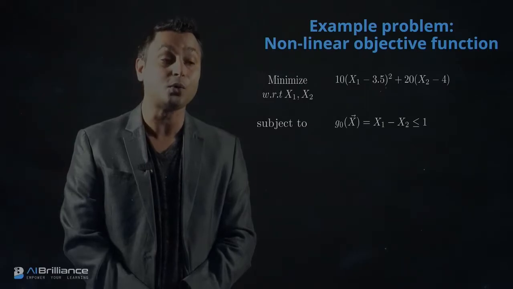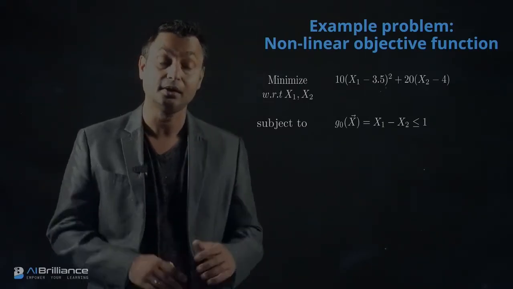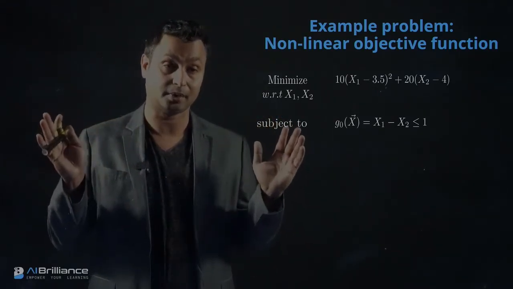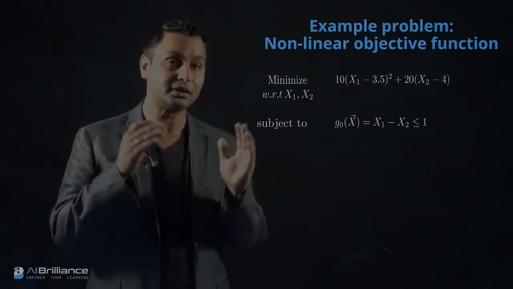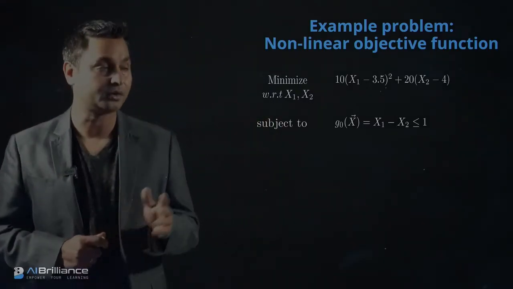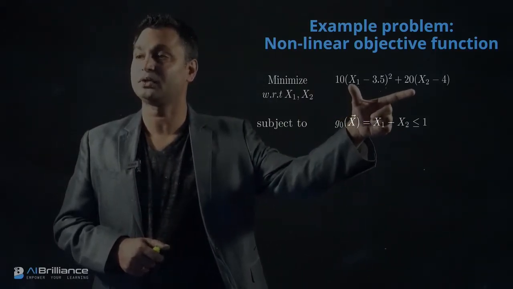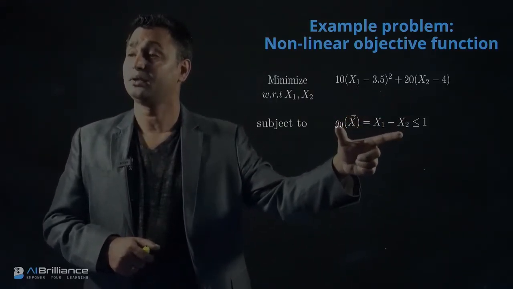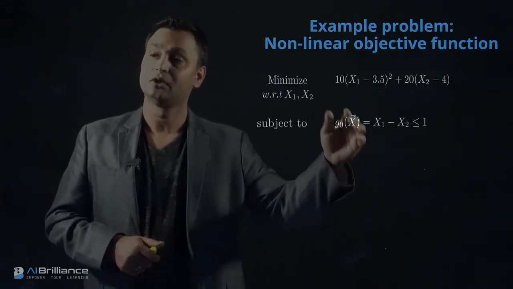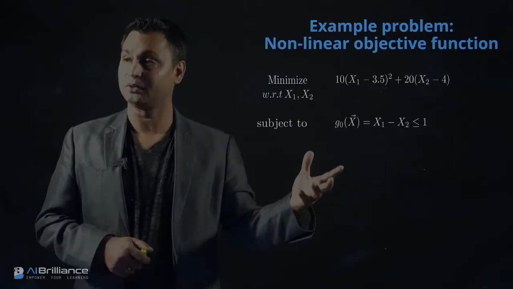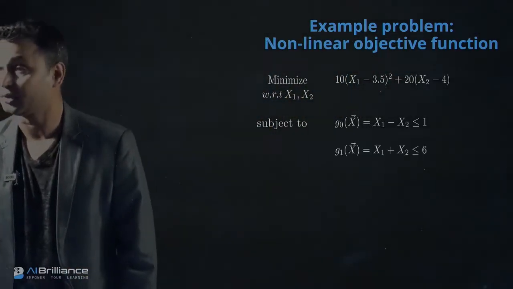If only one of them is non-linear, the problem becomes a non-linear problem, even if all the remaining ones are linear. This is an important concept you need to know. In this case we have a non-linear objective function but linear constraint functions, and even so, the overall problem is a non-linear optimization problem.